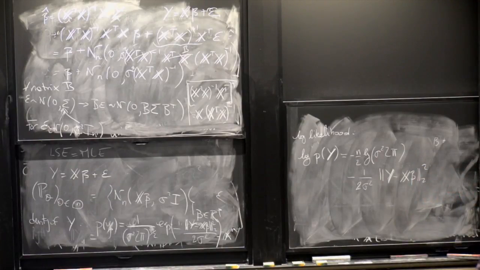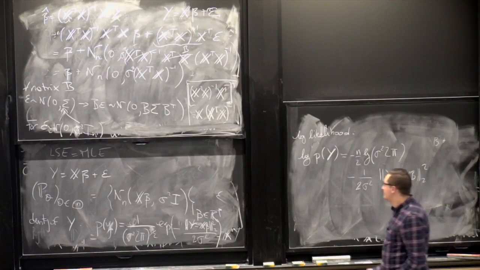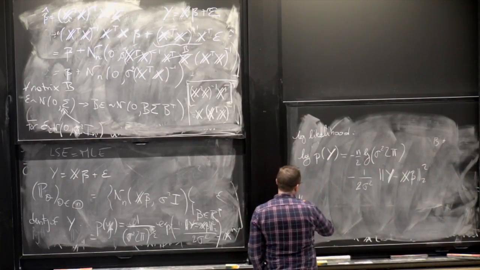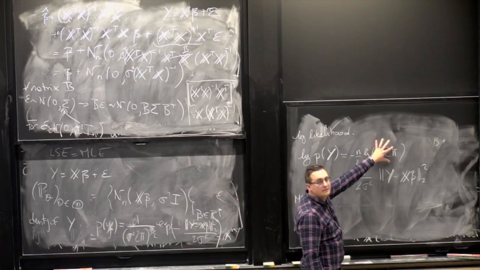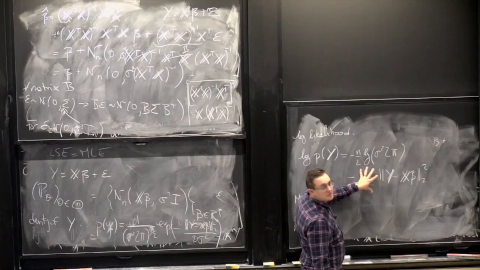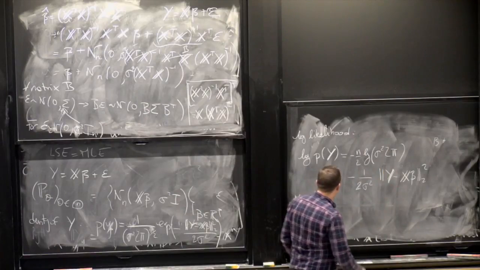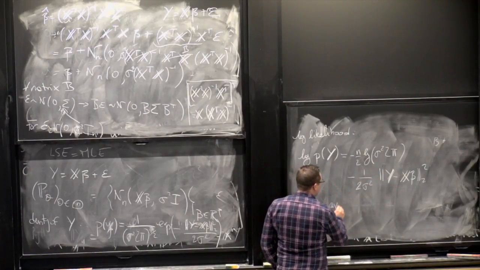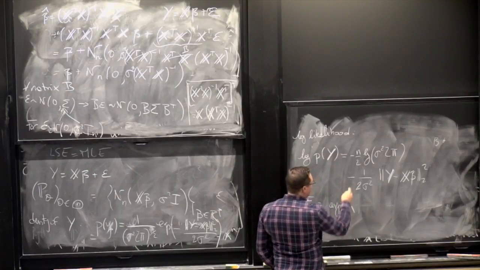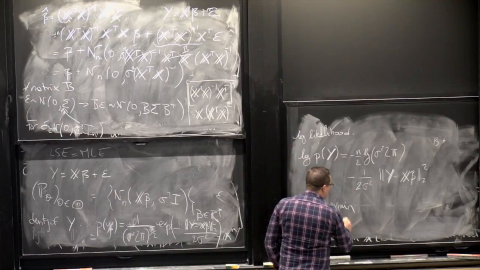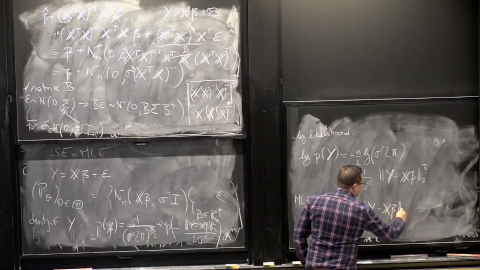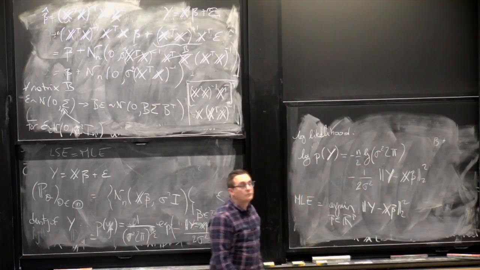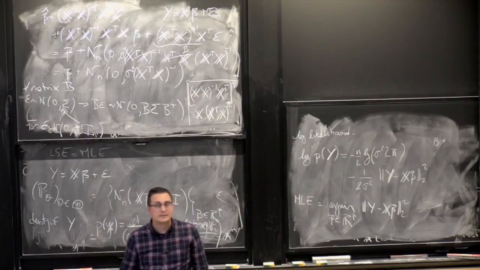And what is my maximum likelihood estimator? Well, this guy does not depend on beta. And this is just a constant factor in front of this guy. So it's the same thing as just minimizing, because I have a minus sign, over all beta in R^p, the norm of y minus X beta squared. And that's my least squares estimator.